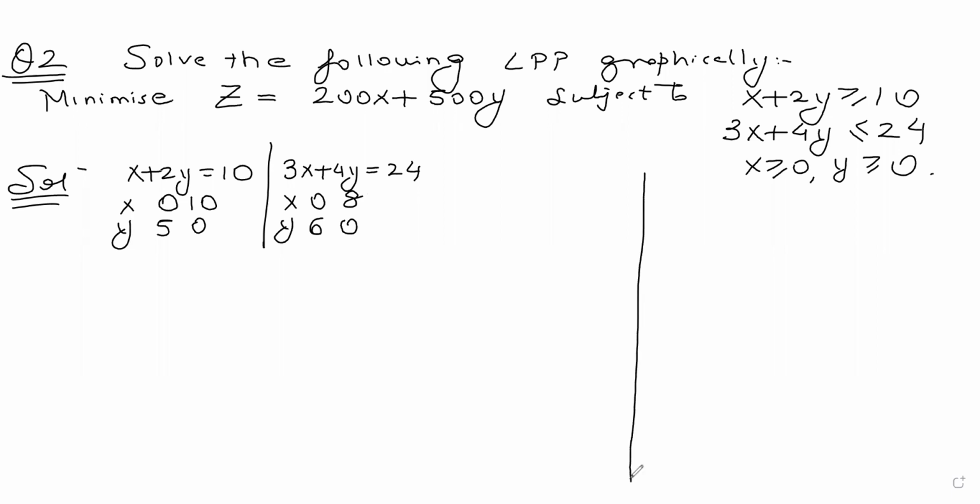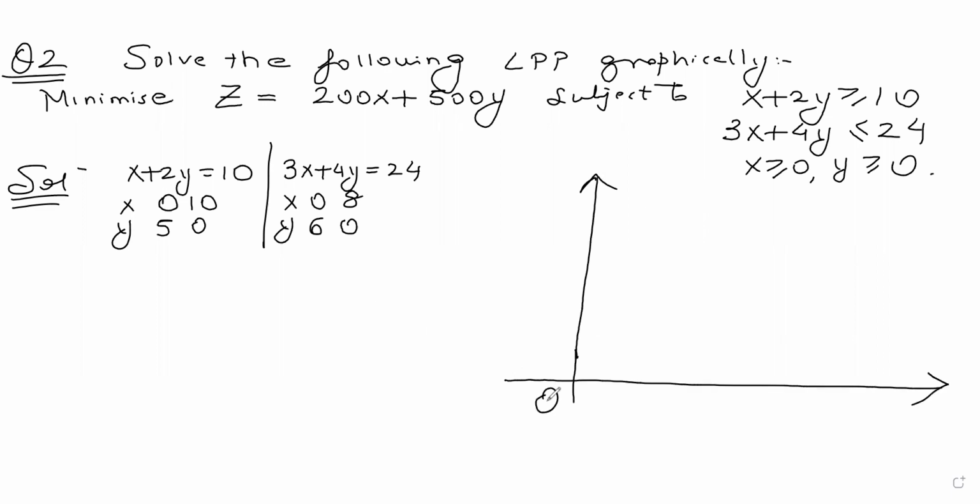So I am drawing the graph on the right hand side. Again, I am not drawing the big graph because ultimately we need the first quadrant only. So I am just drawing the first quadrant. This is x-axis. This is y-axis. X goes on till 10, maximum is 10, and y goes on maximum till 6.